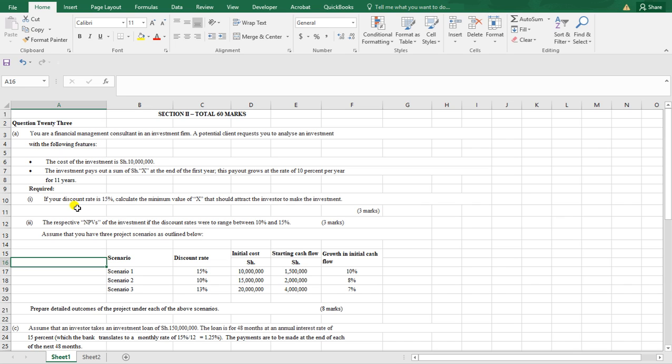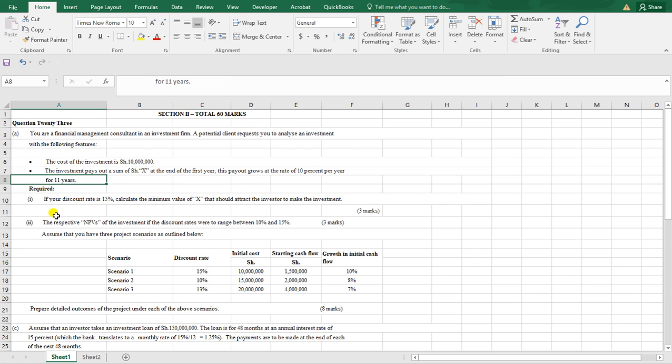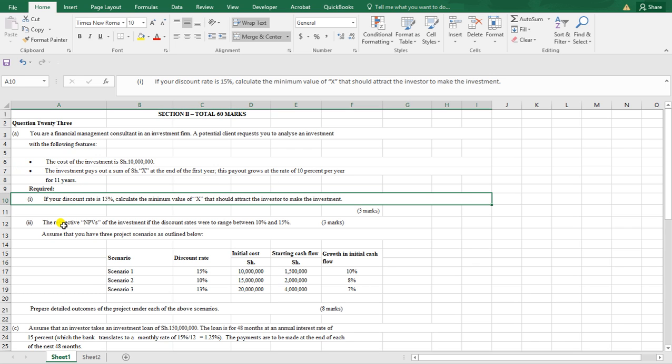Required here, you're told that if your discount rate is 15%, calculate the minimum value of X that should attract the investor to make the investment. Anytime you're handling the concept of NPV with our knowledge of financial management, if I told you to look at the minimum value that we should have for us to attract that investment, of course, we are looking at break-even point, right?